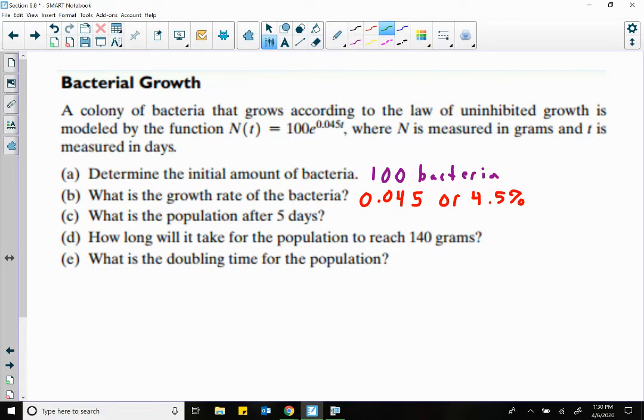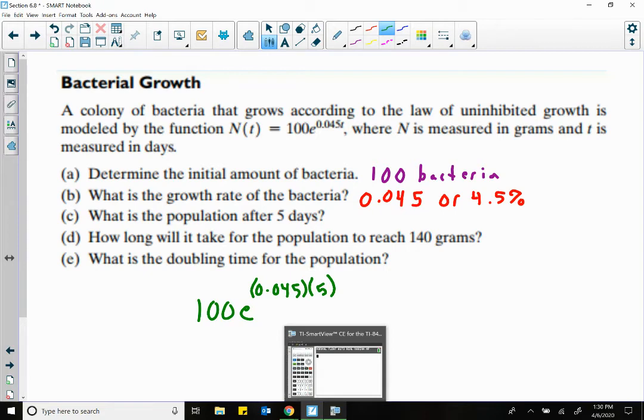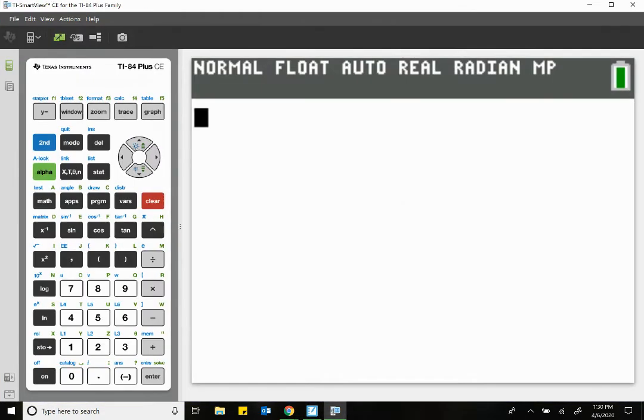So we're just going to go down here. We're going to say 100 E to the 0.045 times 5. And we just need to go to our calculator and figure this out. Now, in this one, you're going to have decimals. So make sure that you read the fine print under the box so that you know where to round to.